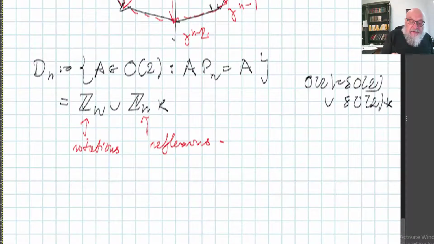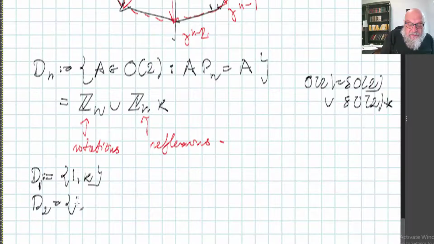So this dihedral group here, we can say, in particular, we can think about it as the following groups. So we call that dihedral group. Okay, let's say like this. We have D1, which will be just simply 1 and kappa. We have here D2. So here we have only 1 and minus 1 and kappa and minus kappa.